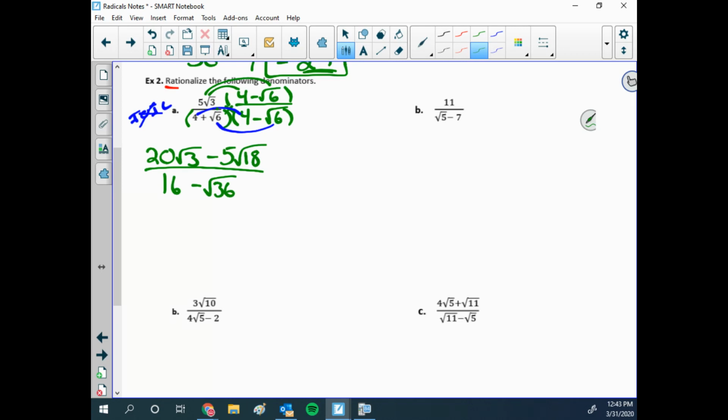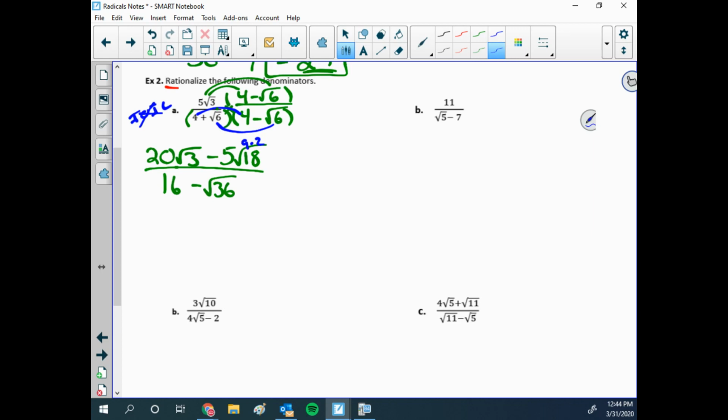So from here, I just want to simplify as much as possible. Looking at this first term, 20 root 3, I can't simplify that term anymore because root 3 is as low of an irrational number as I can get. The next one is negative 5 times 18. Well, I know that 9 is a perfect square and the index is 2, so I could break this up into 9 and 2.